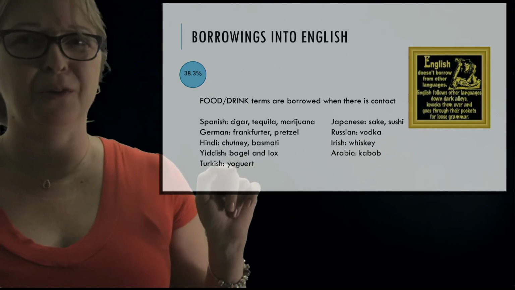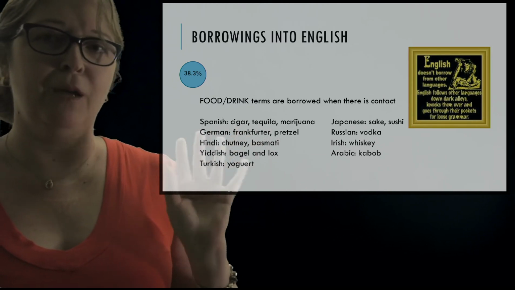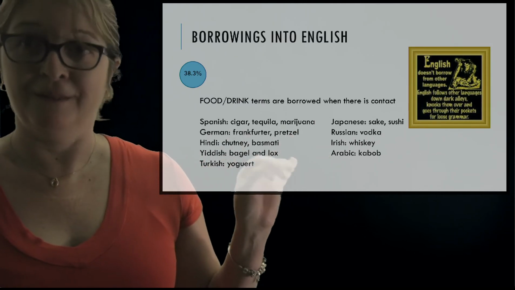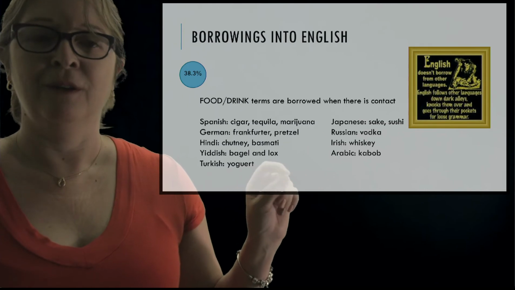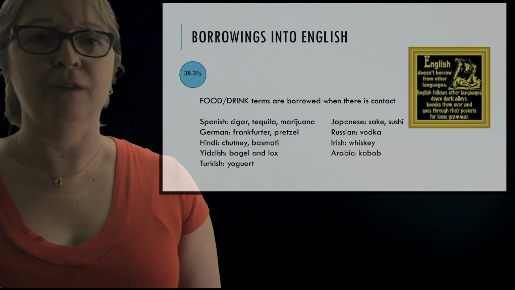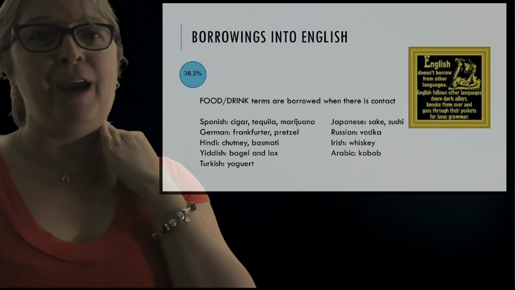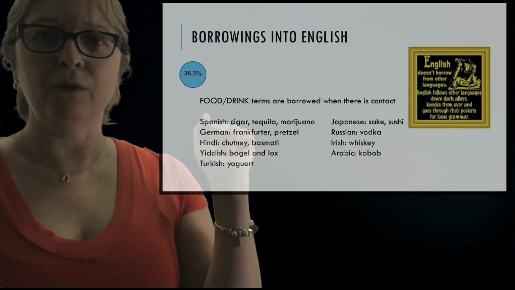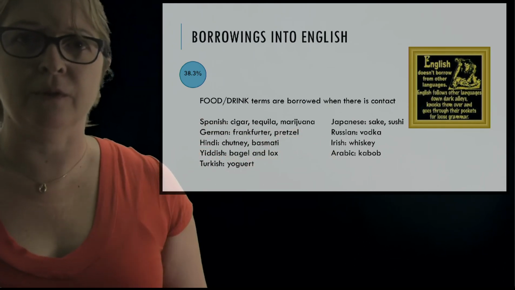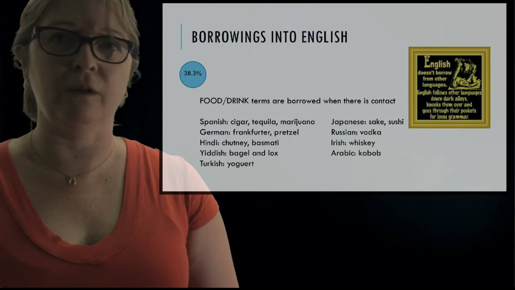Japanese, probably not the yogurt we have here in the U.S. Like, it's not sweet, but anyway. Japanese: sake, sushi. Russian: vodka. I don't think I said that right. Irish: whiskey. And so we have quite a few drink items here. And then Arabic: kebab. So all of these are from different languages, and we use them every day.